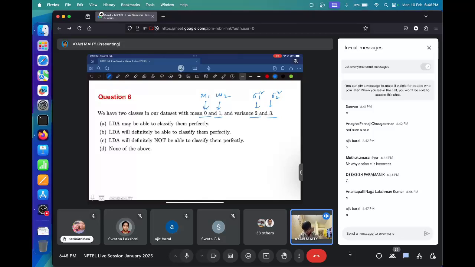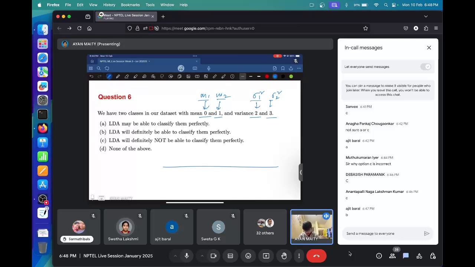Okay, so if we try to visualize these two different classes, these are one dimensional because the mean contains only one dimension, 0 and then 1 for the other class. So the data points are one dimensional. Let's say this is 0 and this is 1.